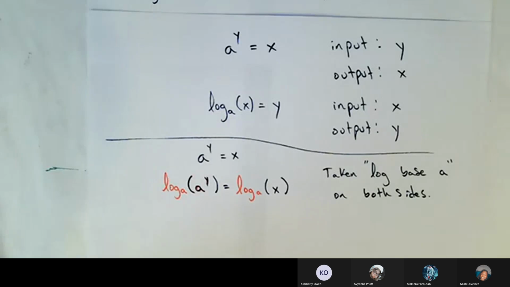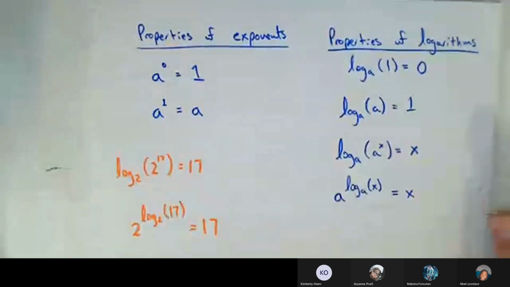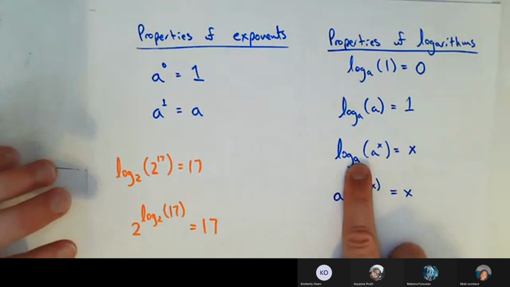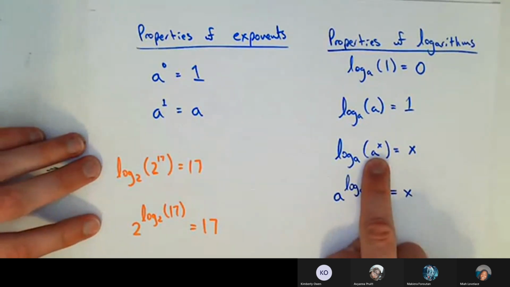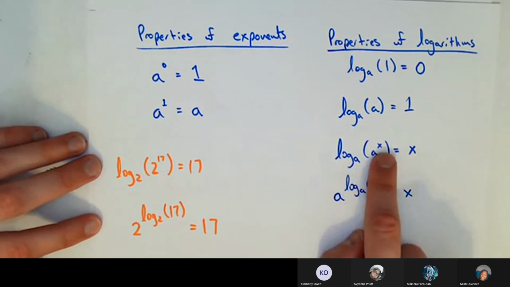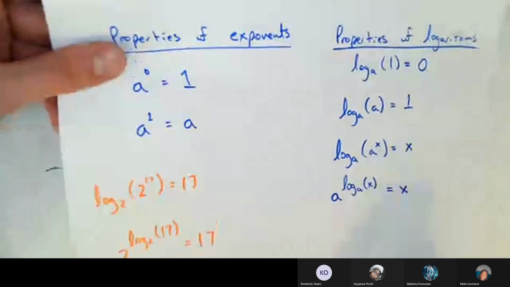Property number 3 in the text. This property says if the log base and the exponential base match, then they cancel each other out and you're just left with whatever that exponent was.